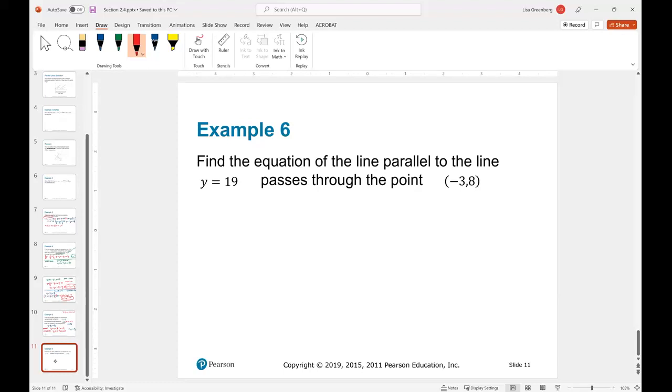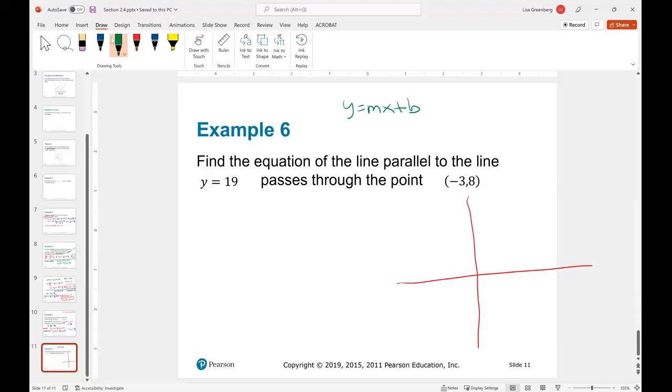Okay, so now we have: find the equation of the line parallel to this line y equals 19 that passes through this point. So the best way I can show you is y equals 19. Remember we said, well, first of all, if we have y equals mx plus b, this one's a little easier to explain than the x one.